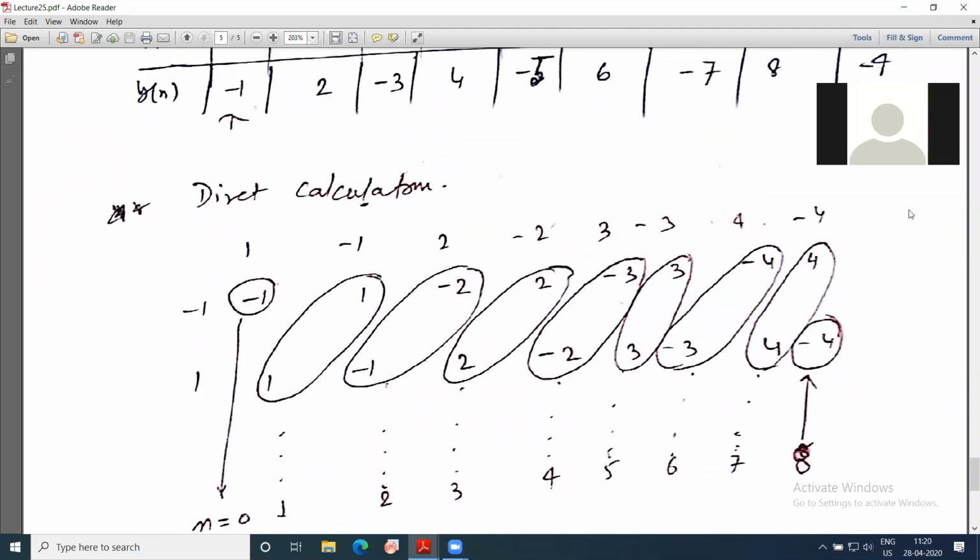But in case of circular convolution, two sequences have to be the same length. If they are not the same length, then we have to use zero padding to make the sequence lengths equal. Agreed?